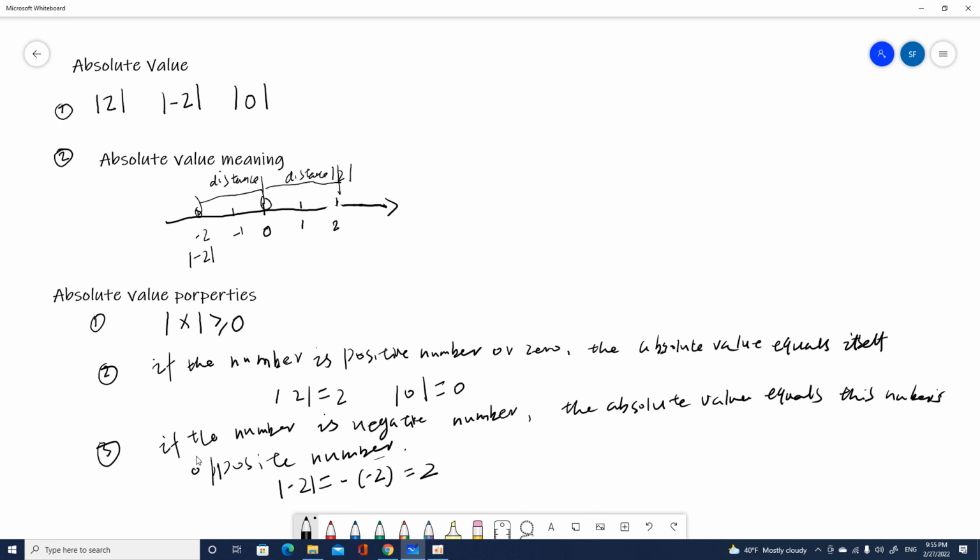On the contrary, if the number is a negative number, the absolute value equals this number's opposite number, such as negative 2's absolute value equals its opposite number, that is 2. So this is everything about absolute value.